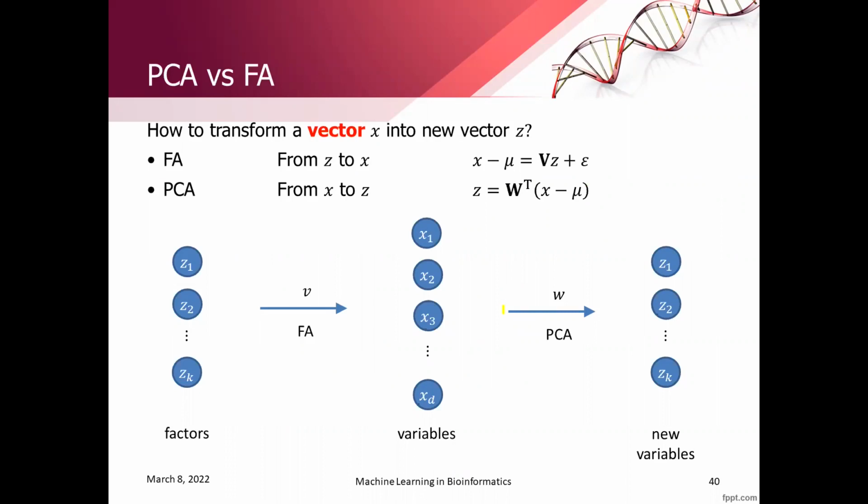So here I would like to illustrate the difference between the principal component analysis and the factor analysis. For principal component analysis, we take the original data and compute new vectors by linear transformation. We subtract the mean value and multiply from the left by some matrix W, which will make a linear transformation into a different number of dimensions.